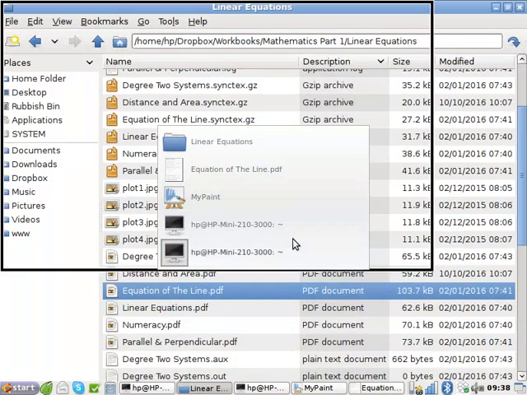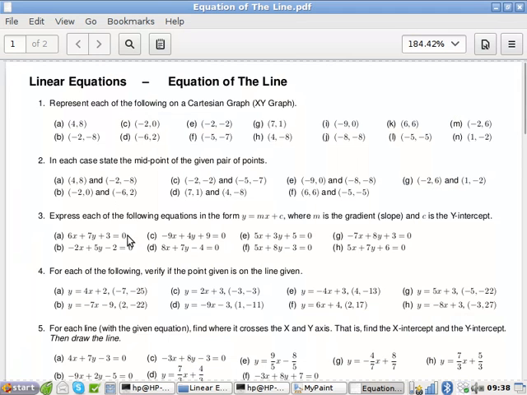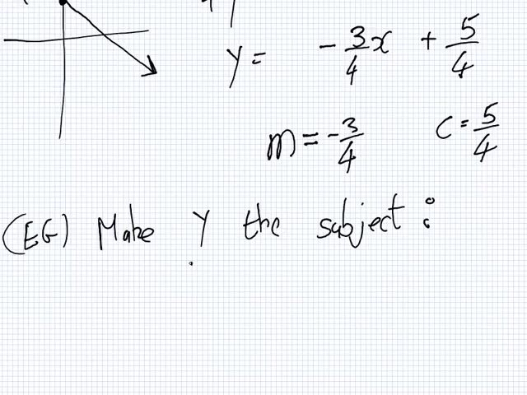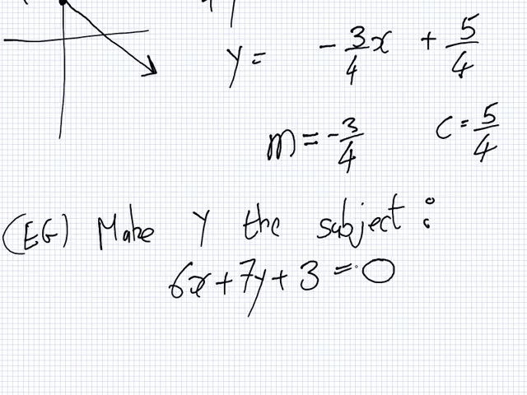Whoop. There we go. Let's take this one here. 6x plus 7y plus 3 equals 0. Okay, try this one. Should only take you 1 minute.